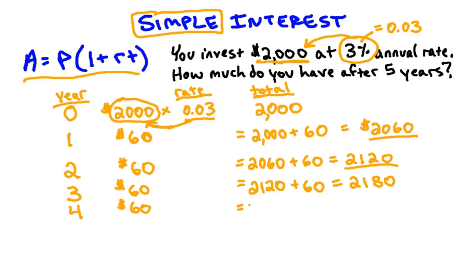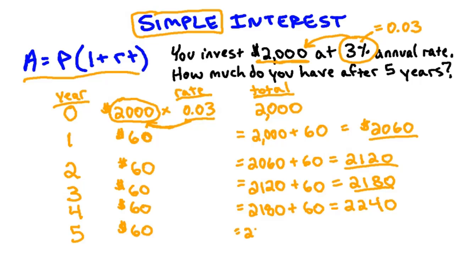Now at the end of year four, they're going to add another $60 to your account. So you're going to take that new amount, that 2,180, and you're going to add another $60 to it. So that's going to give you $2,240 total. And then at the end of year five, they're going to add another $60 to your total.